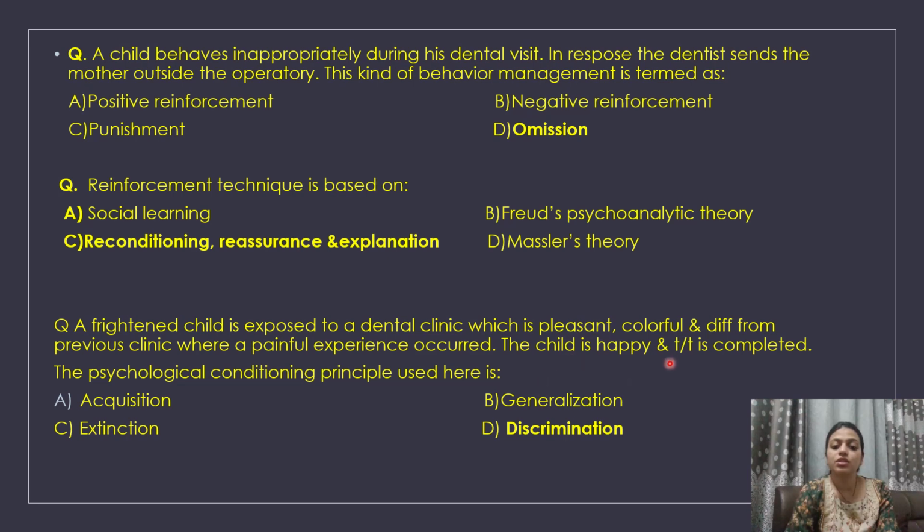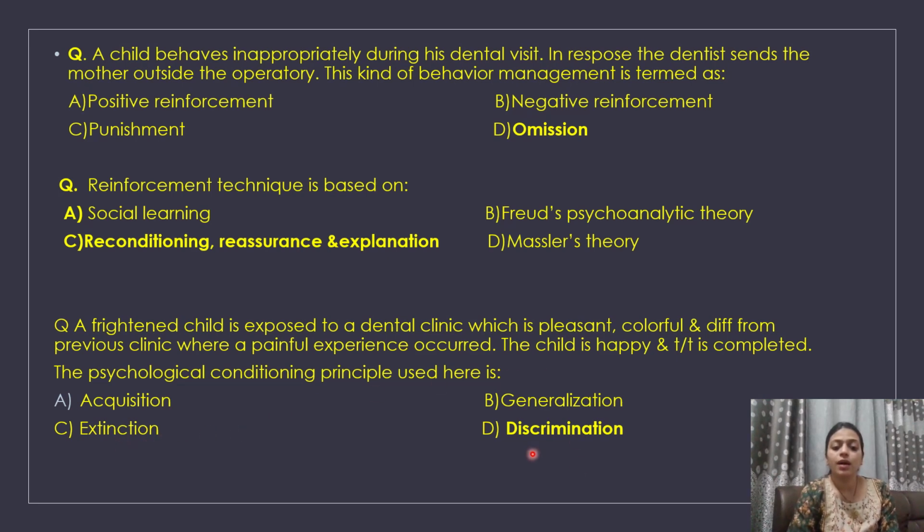Generalization is just the opposite of discrimination. It is when the child generalizes that a doctor in a white coat will cause pain. If the child has had a bad experience in a clinic previously, and then visits a clinic which has similar surroundings, the child will generalize. This is the place where the child will feel an unpleasant stimulus or environment.